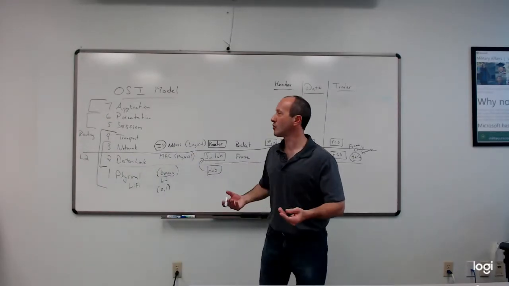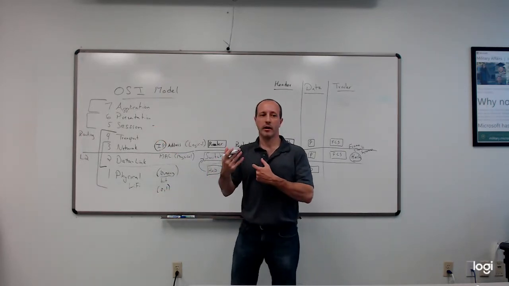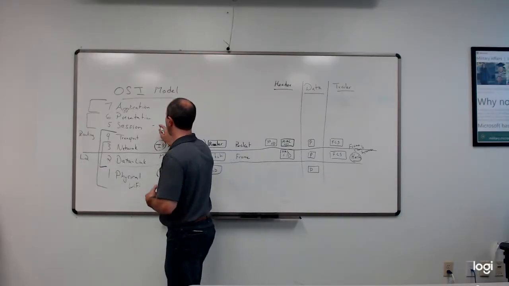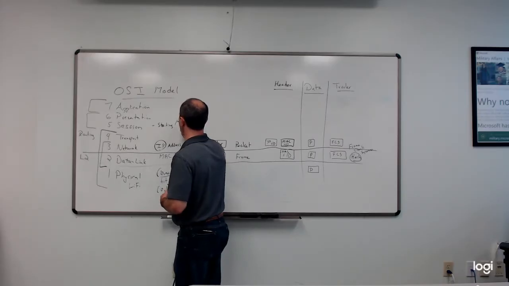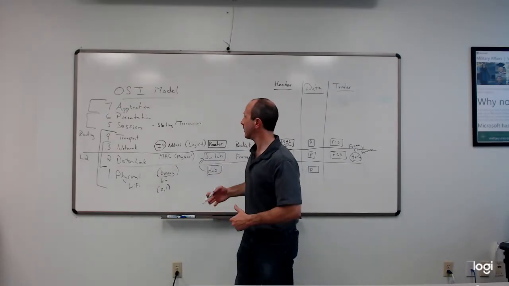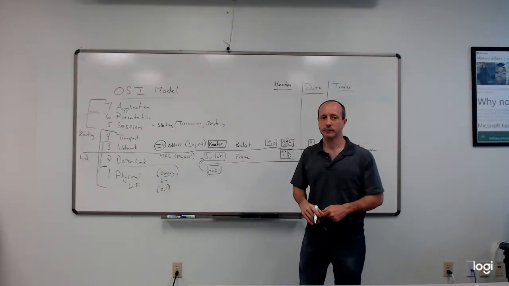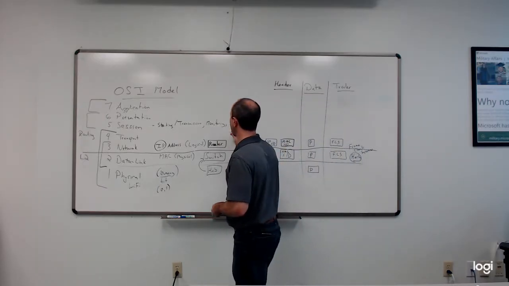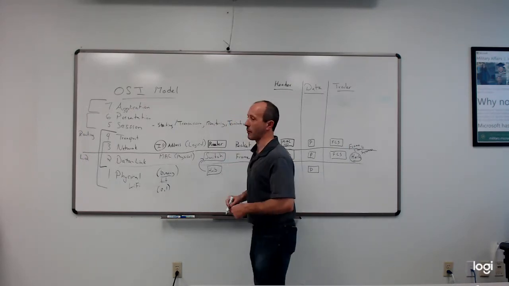The session layer controls starting a conversation or starting the transmission of data from point A to point B, monitoring that transmission, and then what we call terminating, or stopping the transmission.